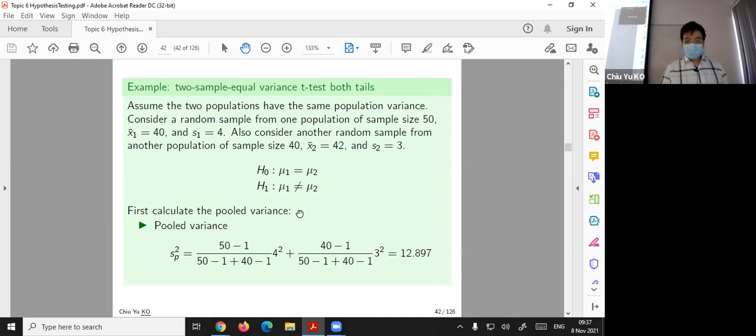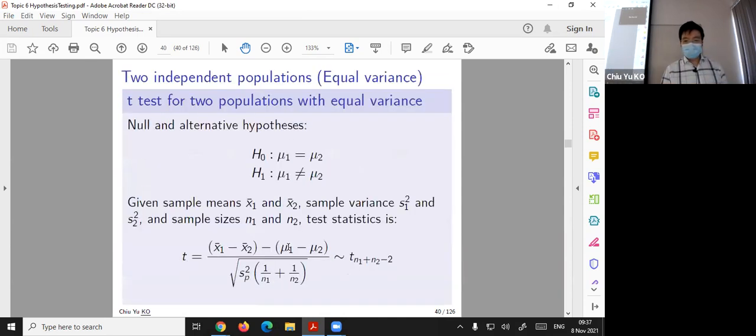And remember, when you have assumed the same variance, the denominator, you can make it easier, right?